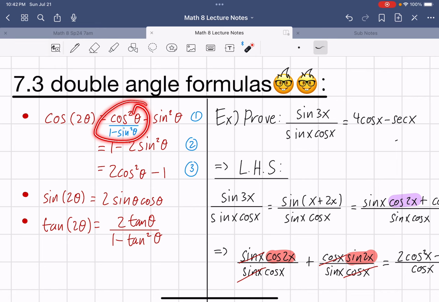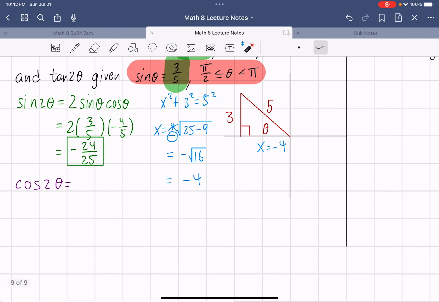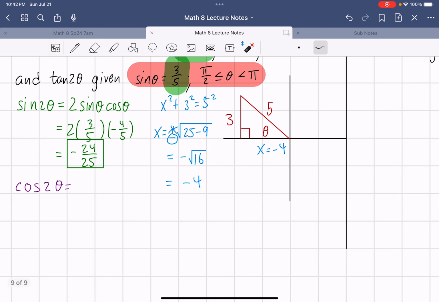There are the other two versions that have cosine, but I wouldn't need cosine at all if I used 1 minus 2 sine squared theta.